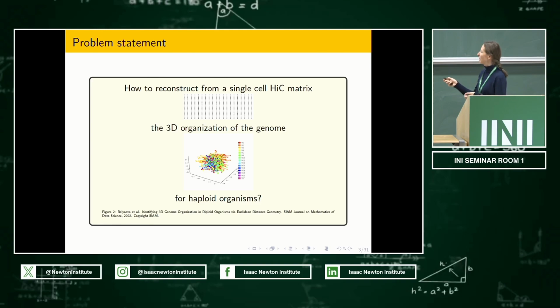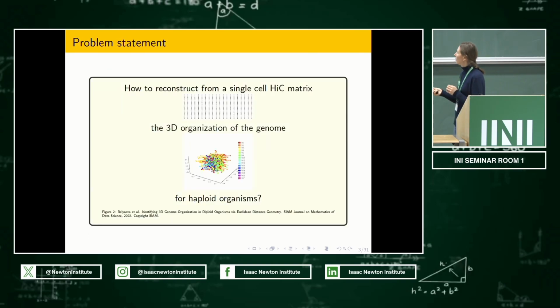So this means this matrix here, although you can't see it right now, is a 0-1 matrix. Single cell means that it's a matrix coming from one cell. Depending on how I go with the time, I might tell also a little bit about the population setting, when we have a matrix coming from a collection of cells.